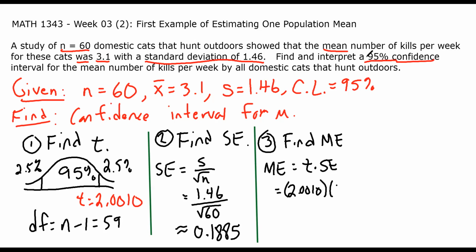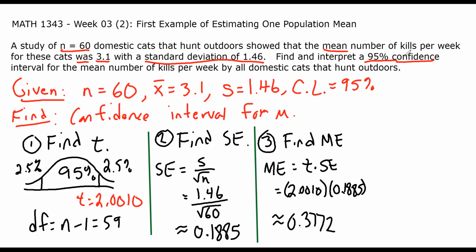Our standard error is 0.1885. And I'm going to use the same rounding protocol as before. I'm going to round my answer to 4 decimal places. And to 4 decimal places, I got 0.3772. Actually 0.3771, but the next digit was 8, so I rounded up.